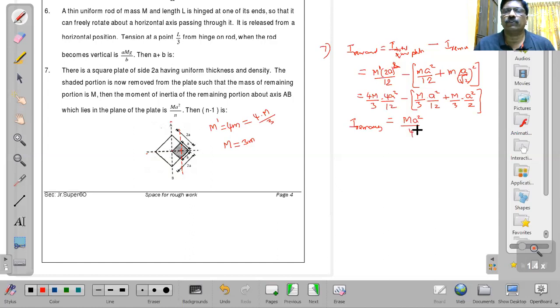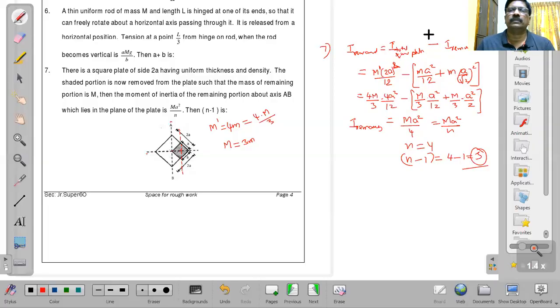But it is given as M A square by n. So n is equal to 4, but they asked n minus 1. So n minus 1 is equal to 4 minus 1, that is equal to 3. So 3 is the answer.